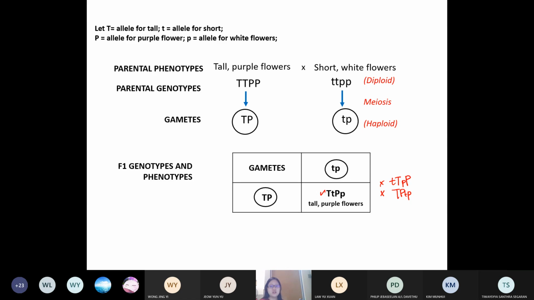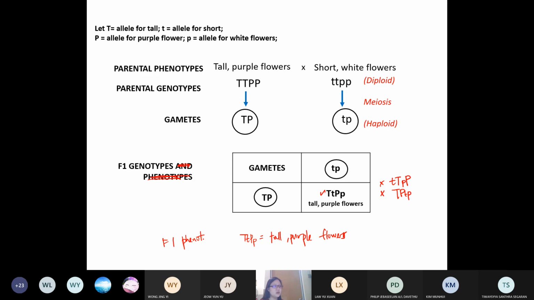Must we write the phenotype below the genotype in the Punnett square also? Well, ideally, yes. You can write it outside, but you need to link it. You can write it out of the diagram, so you write this F1 genotypes, and this one F1 phenotypes.